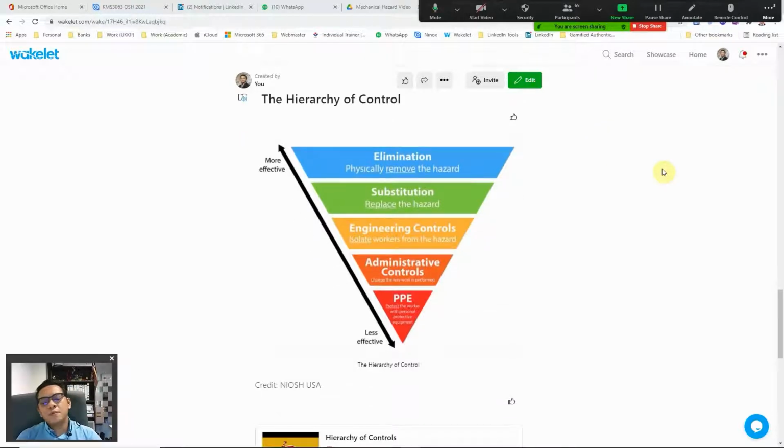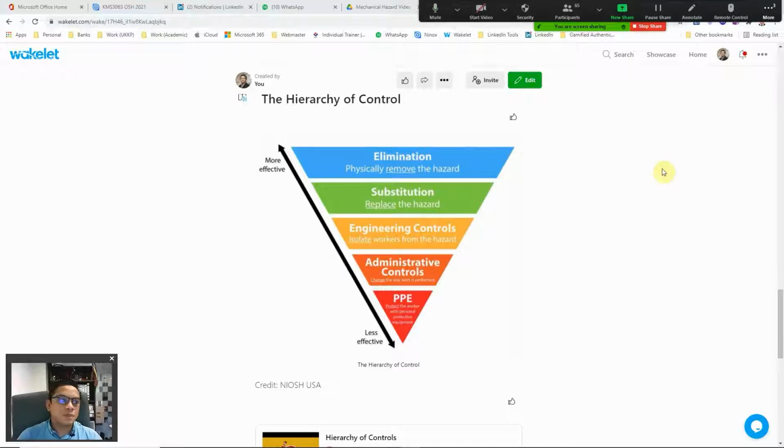Whenever possible, always go for elimination. If you see a hazard, always go for elimination. If you see a mosquito and you are afraid it can carry disease like dengue, the easiest thing to do is to smack the mosquito, kill it. That is elimination, and then you are safe.